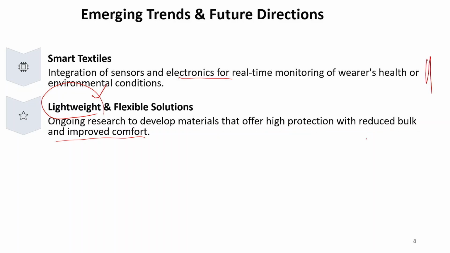If we want to improve the protection levels, we need higher weight, thicker material. That will give higher protection, but at the same time it will reduce the comfort. That trade off we should address, which is why different types of materials are being developed that will create comfortable protective textiles.